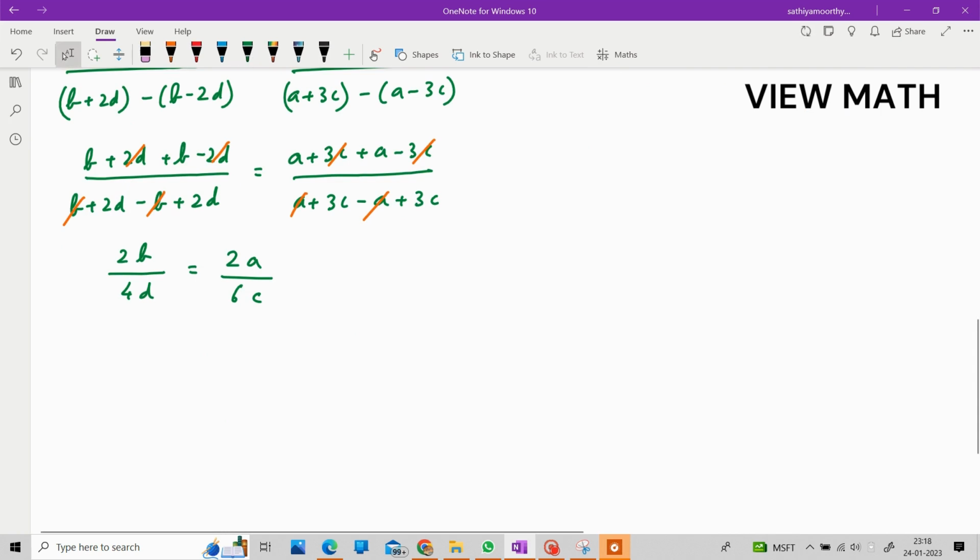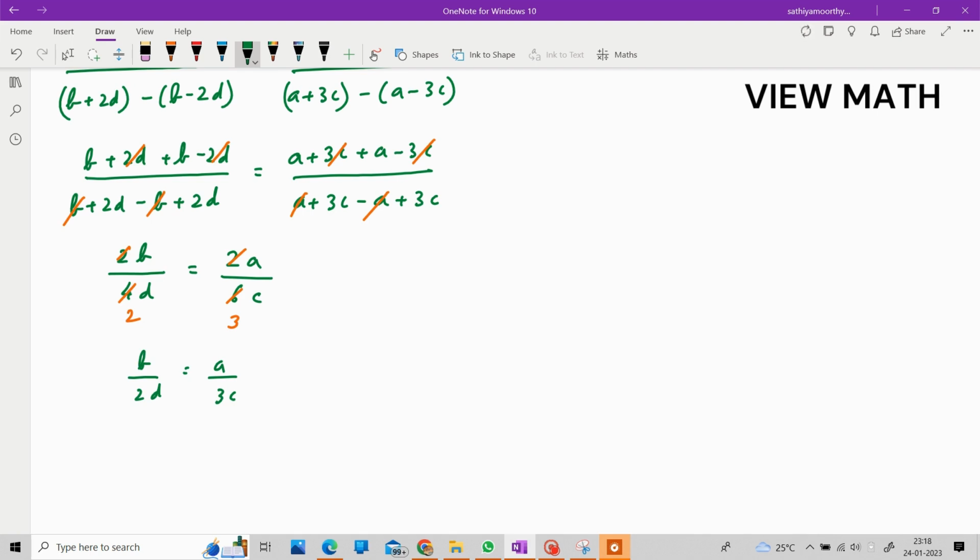Now I can cancel again the common terms. I can cancel 2 and 2. 2 times 2, 2 times 3. So now I am getting b by 2d is equal to a by 3c. Now let me cross multiply.